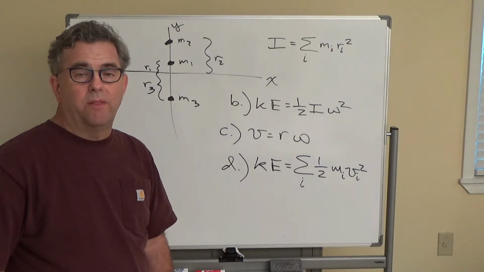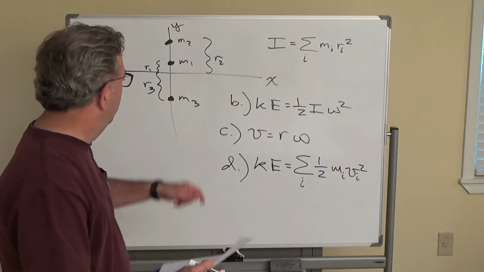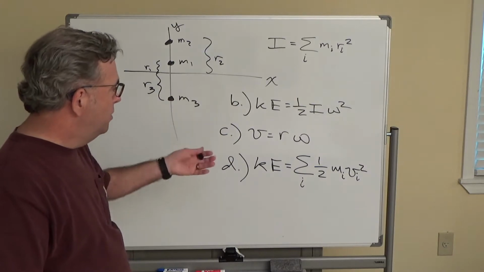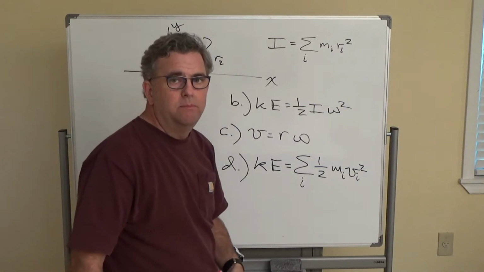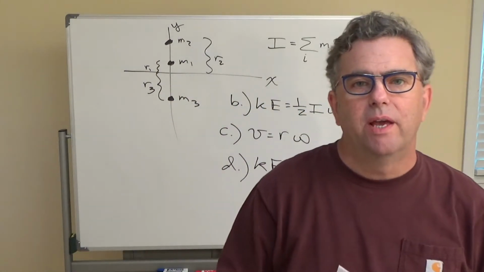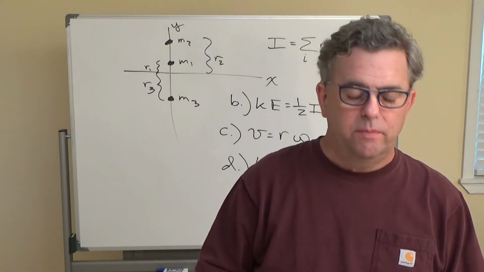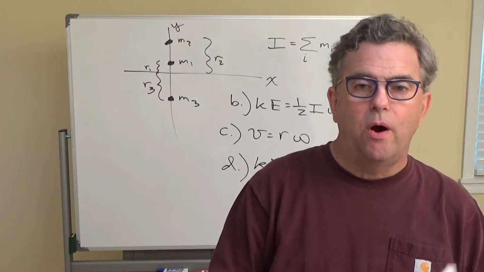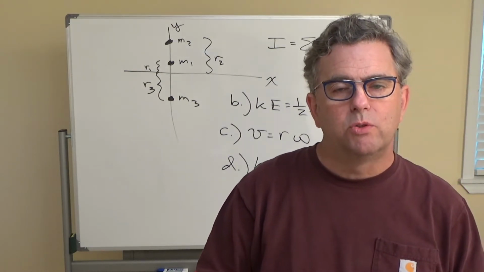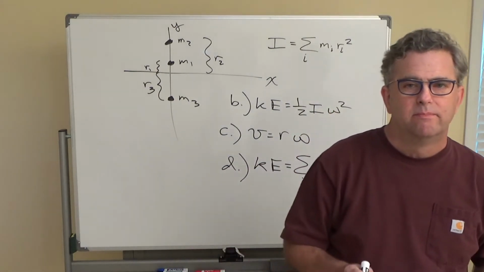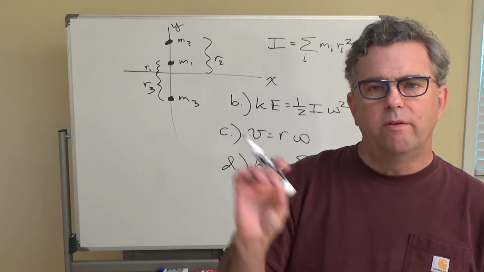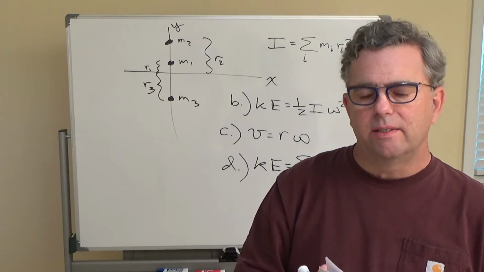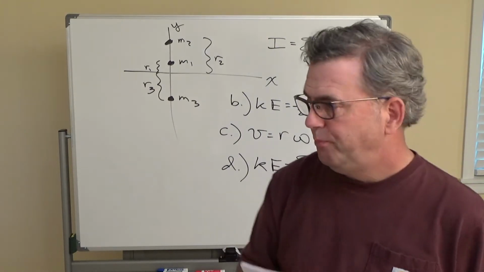You're summing up all the kinetic energies of the little point masses. And then you're asked, do B and D jive? Do they equal one another? And they do. I think there's a part in there where you have to upload some sort of document. I gave 0 points for that. If you click and look at the point value for each one, you'll see that that's 0 points.